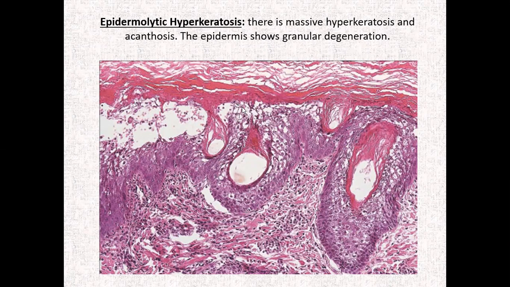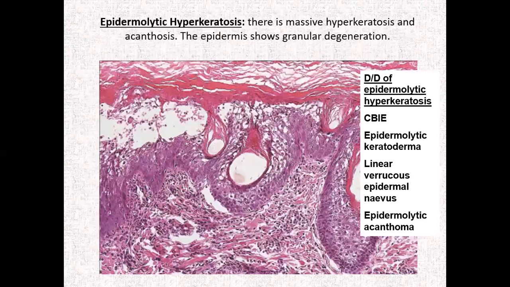Epidermolytic hyperkeratosis is seen in congenital bullous ichthyosiform erythroderma, in epidermolytic keratodermas, in linear verrucous epidermal nevus and epidermolytic acanthomas. And these are the only disorders in which the granular layer is affected with loss of the granular layer and a blister or a split beneath the stratum corneum and above the stratum spinosum.